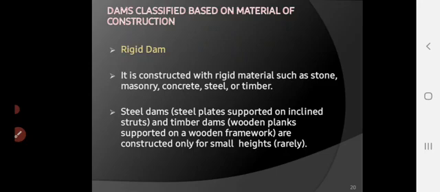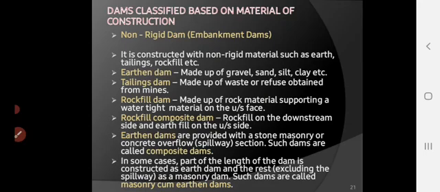Steel dams and timber dams supported on steel framing or wooden framework are constructed only for small heights and rarely constructed. Usually dams are constructed with concrete, masonry and stone.